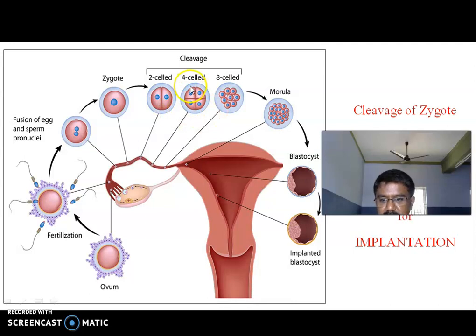These stages are called cleavage, right? Next, morula. Next stage, blastocyst. The blastocyst stage is mainly responsible for fixing to the endometrium. This process is called implantation, right? Next, we will discuss in the next class. Thank you.